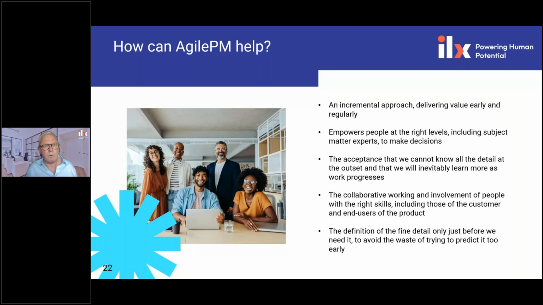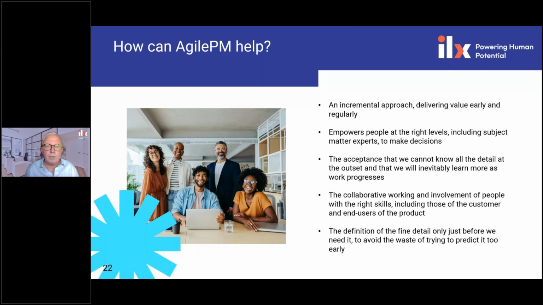You don't buy a dog and bark yourself. Let those subject matter experts make those decisions at the granular level, but we will protect the critical aspects of that project. We can't know all of the detail, particularly when projects have that VUCA: volatility, uncertainty, complexity, and ambiguity. You can't know all of this at the very beginning of a project.